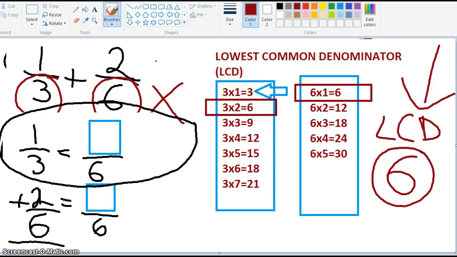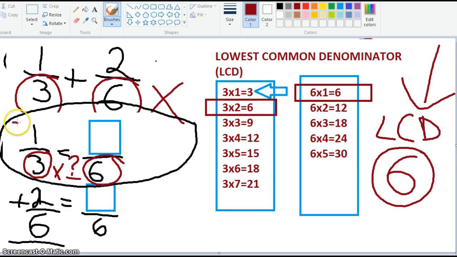When it comes to 3 and 6, what number is divisible by 6? So 3 times what number is going to give me 6? Well, that answer is 2. I know 3 times 2 is 6.